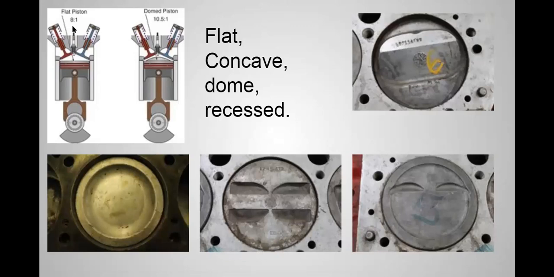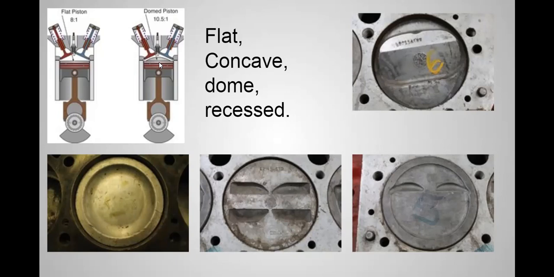If I was building a performance engine and I wanted more compression, I can use that same engine and replace the pistons with dome top pistons, and that's going to give me a higher compression ratio. So that's one of the things that you can do for performance engines.